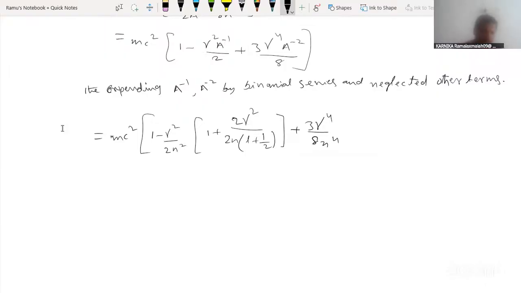So 8 into n to the power of 4 is a total bracket. Okay.